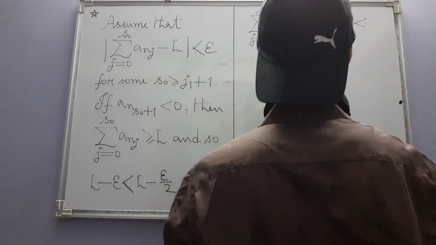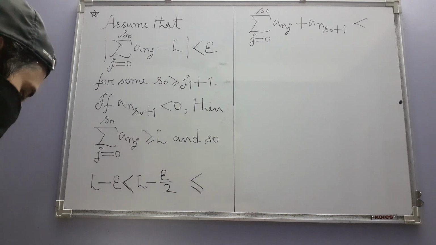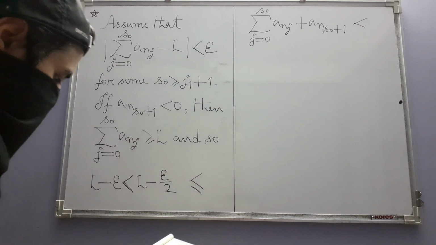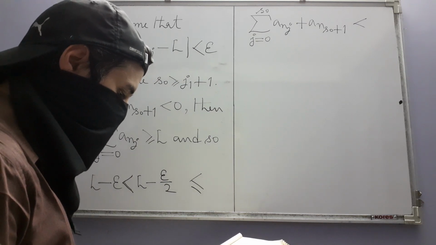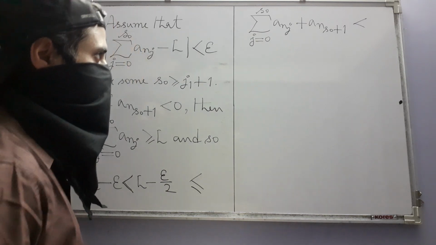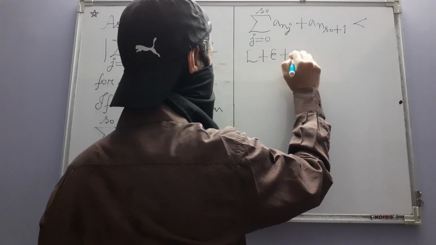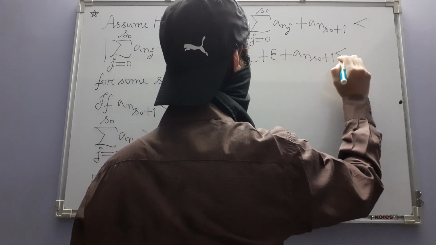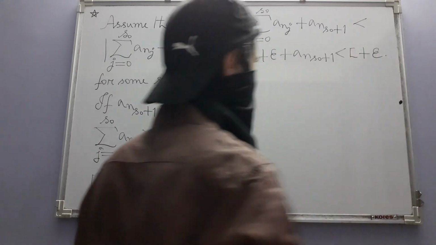This is less than what we are writing here, L plus epsilon plus this, L plus epsilon plus a n S naught plus 1, and this itself is less than L plus epsilon.